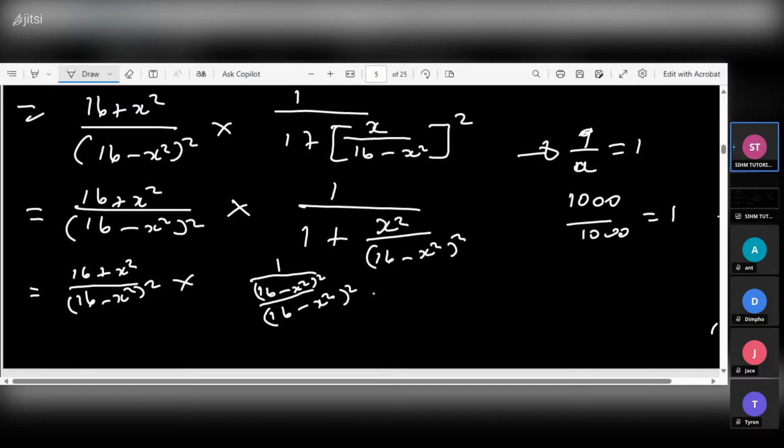And then remember, since this is your main, we're going to say the positive x squared divided by (16 minus x squared) in that way, and then all squared.